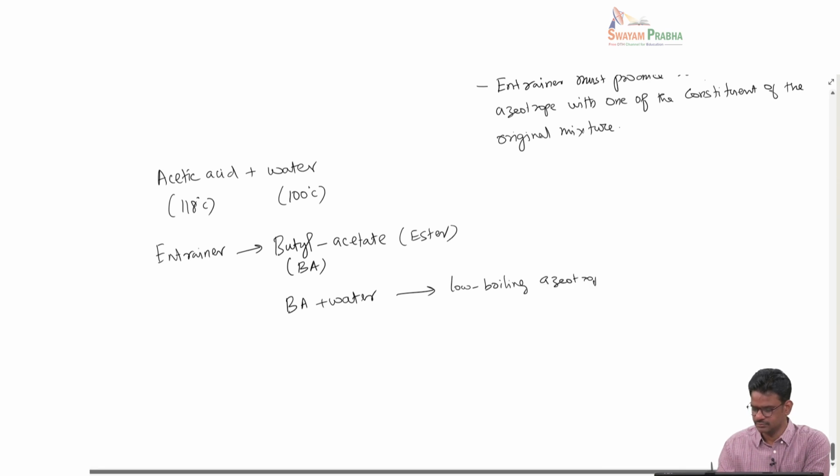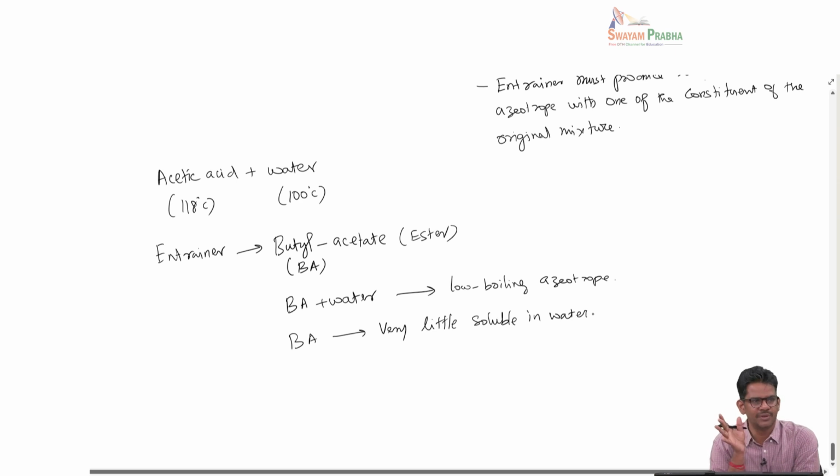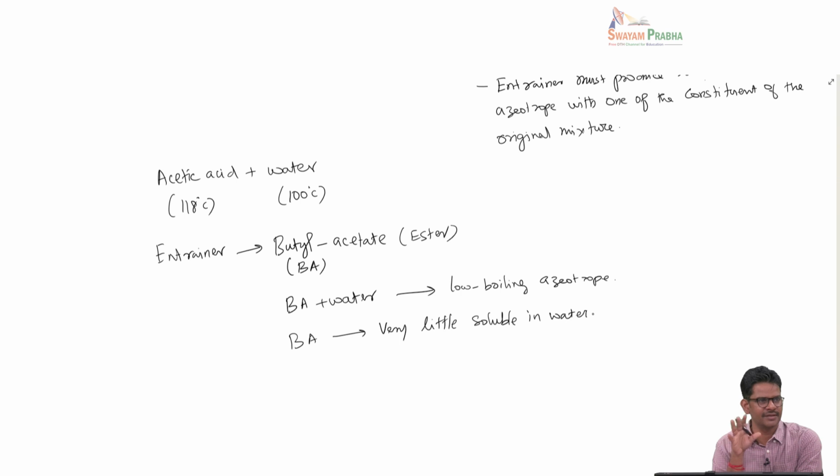And butyl acetate is very little soluble in water. So we did not choose butyl acetate as an entrainer randomly. A lot of discussion goes on to understand the VLE data and so on.